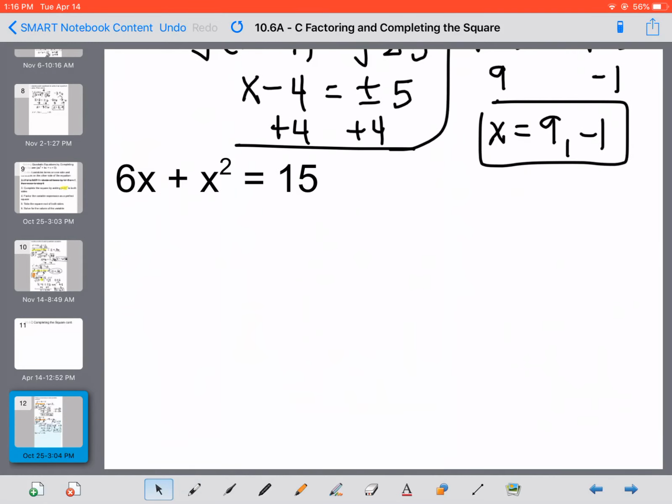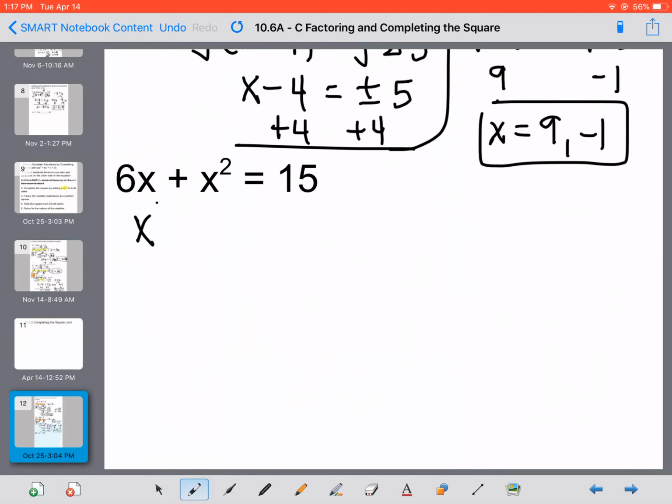And our next problem. Uniquely enough, if you notice on this one, at first glance it looks like you have an a value that's not 1, but actually, in reality, this is rearranged. So remember our quadratic standard form is ax squared plus bx plus c.